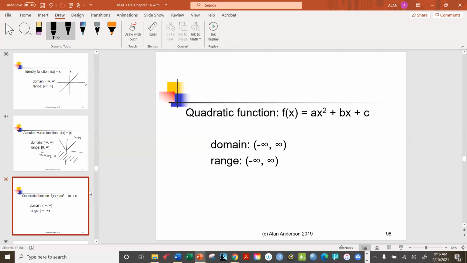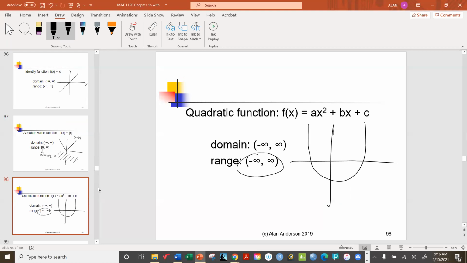Okay, now for the quadratic function, I just realized that I have to fix this a little. Technically, the range can be anything, but we can see that depending on the values of a, b, and c, there may be constraints on the range in the sense that there's some minimum value for this function. So this isn't technically correct for all parabolas.